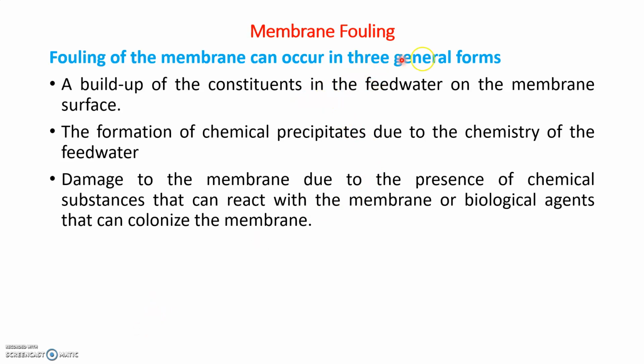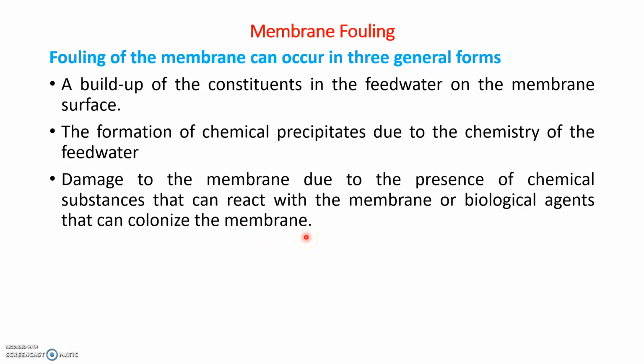Fouling can occur in three types. One is build-up of constituents from the feed water. Another is chemical precipitation due to the chemistry, meaning what type of chemicals are present in that feed water. Due to that, what happens, there is damage in those membranes also. And sometimes there is biological fouling, where bacteria or viruses which are present can colonize those membranes.